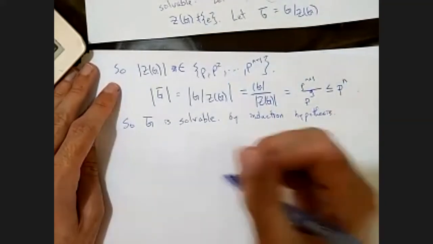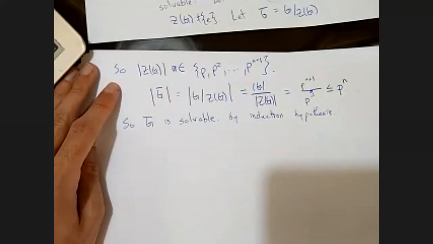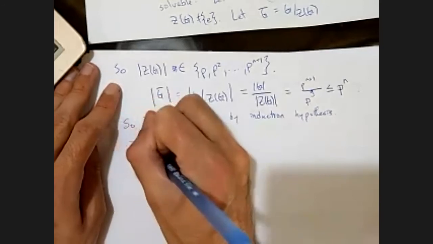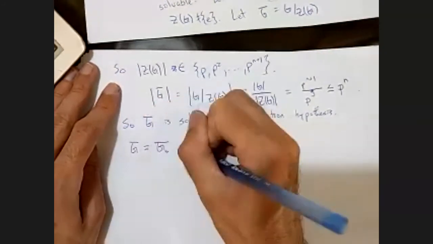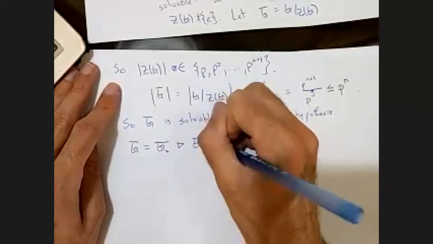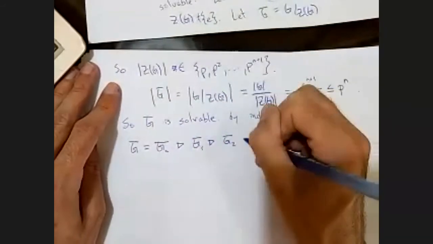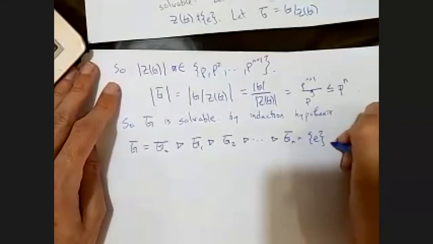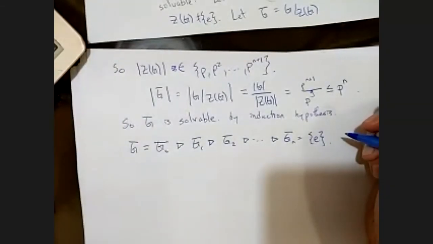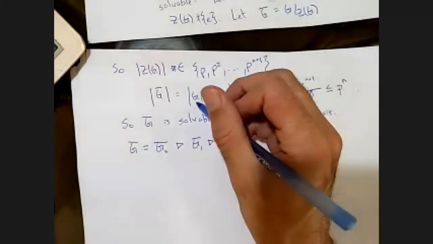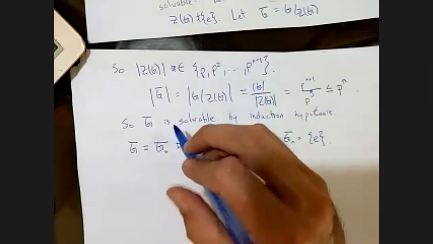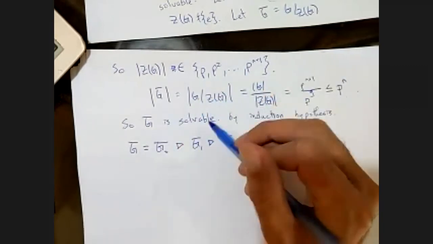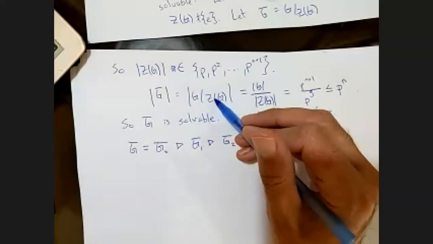Well, let's write down our abelian series for G bar. So G bar equals G0 bar, and G1 bar is normal in that, and G2 bar is normal in that, and so on until Gn bar is a trivial subgroup. Okay, but remember G bar is G mod the center of G, and a normal subgroup of G mod the center of G corresponds to a normal subgroup of G which contains the center.